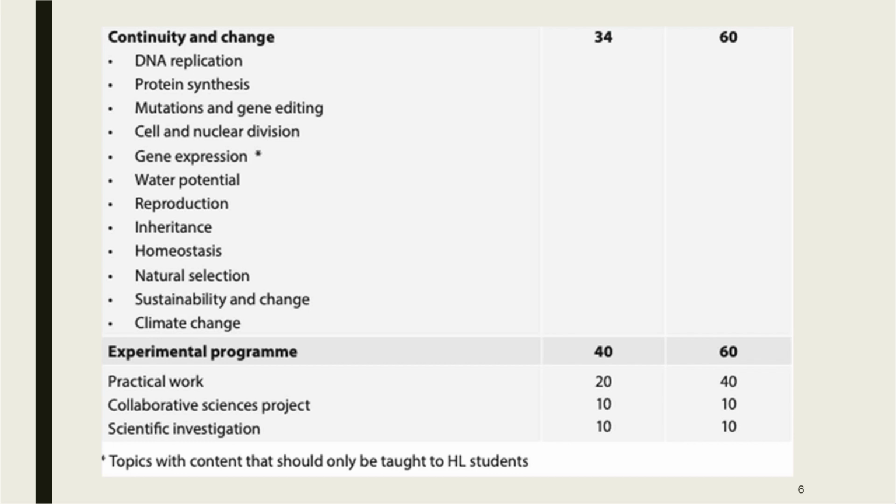The practical work will be 20 hours for SL learners and 40 hours for the HL learners. The collaborative science project and scientific investigations are going to be the same amount of time for both learners.